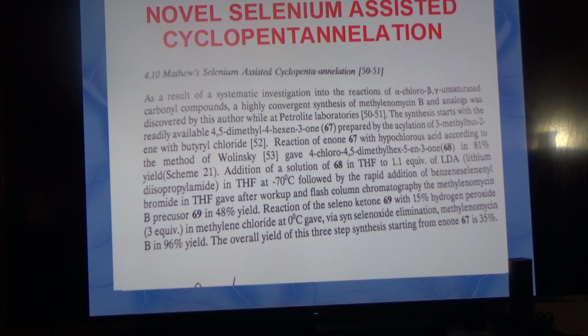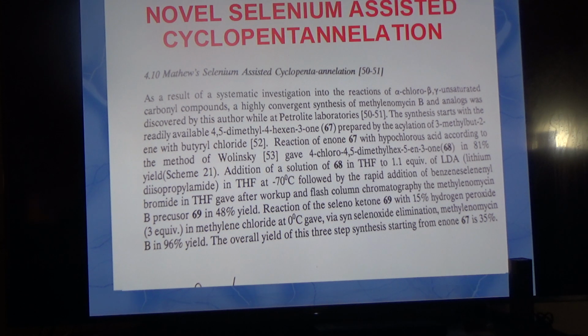But the yields before that are 80 and 70%. So from the basic unsaturated ketone, you get the product in 3 steps in 35% overall yield, which is considered a decent yield for a natural product.